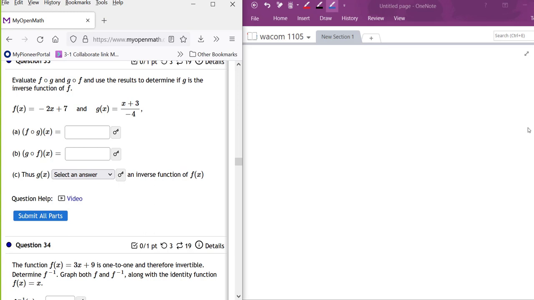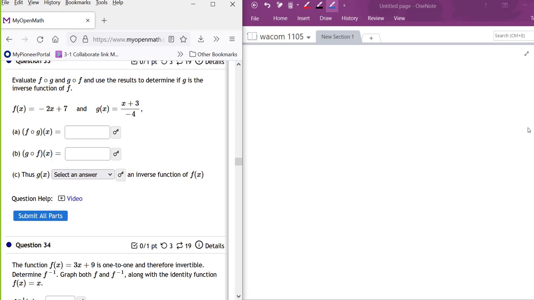The non-direct way to do those is if you find the composition of both of those and the answer is X. So if you do F composed of G and the answer simplifies to X, and G composed of F, the answer simplifies to X, then they are inverses of each other. So that's what you're going to use for these.